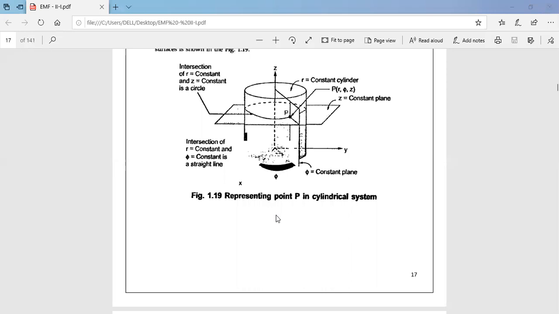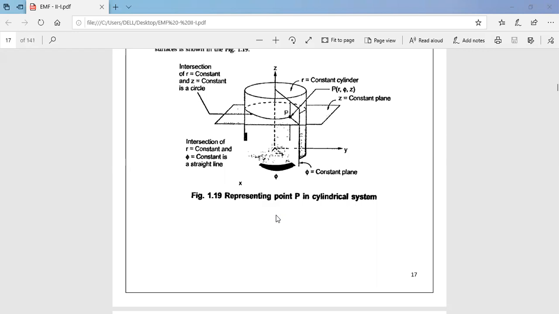So in order to find the volume of charge, you have to integrate from the origin to wherever your limits are.